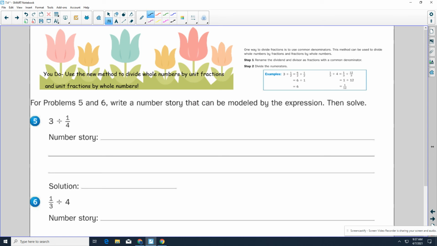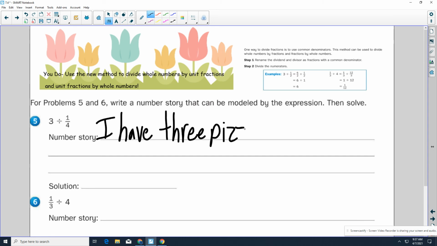So I would say I have 3 pizzas, and instead of eat, let's say I split them into 1/4.